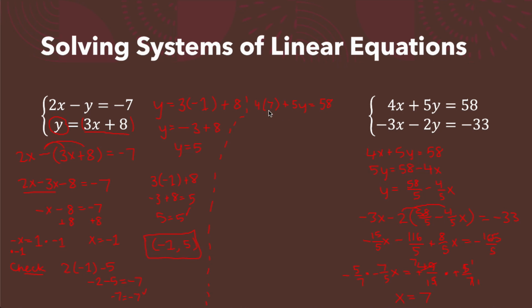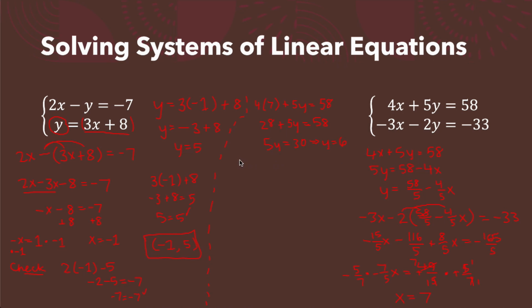We get 4 times 7 is equal to 28. 28 plus 5y is equal to 58. 58 minus 28 is equal to 30. So 5y is equal to 30. And y is equal to 6.